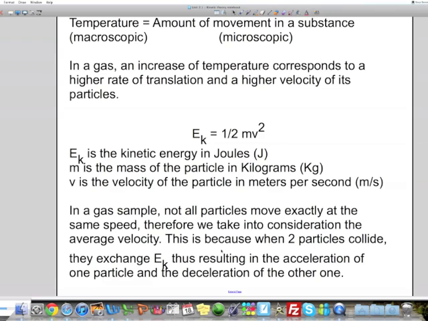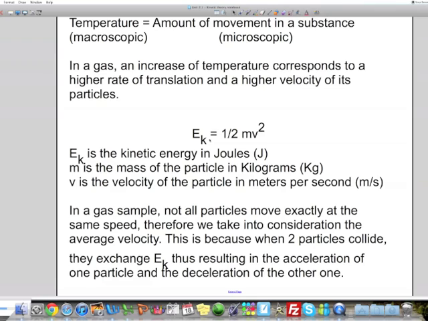So when I have two particles, just think of two balls, let's say, that roll towards each other. Well, when they hit each other, not only will one of them or both of them change trajectory, but one of them may slow down and the other one may accelerate depending on the force that was put in throwing those two balls. It's the same thing with the particles. When they collide, they exchange energy, and one of them may accelerate, another one may decelerate, and because of that change of speed, well, this here will change, right?